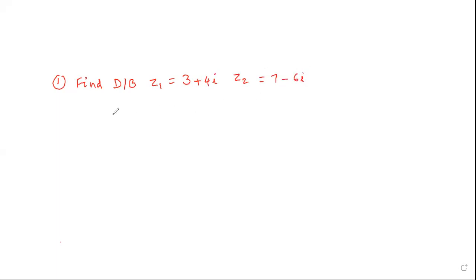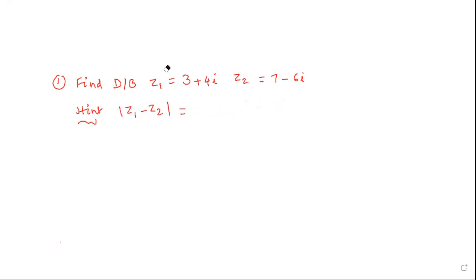Find the distance. So the hint of the problem is, everyone see, we can represent this as modulus of Z1 minus Z2, the distance between the two points. This is modulus of real parts 3 minus 7 plus i into imaginary parts 4 minus 6. So 4 plus 6, sorry. I will write once again, clearly.